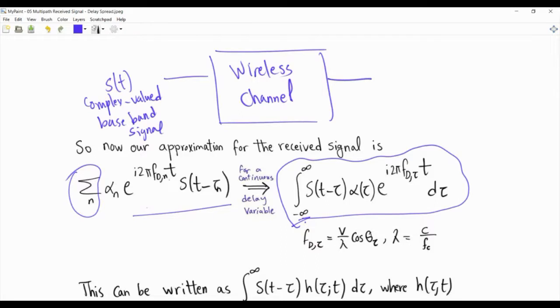If we write things in terms of the integral, we get s(t minus tau) alpha(tau), where the index is n if you use the discrete model. Sometimes it's easier and better to use this one, or you can assume that there is a variable tau that is continuous, and then you have e to the minus i 2 pi f_d tau. That's the Doppler frequency, or Doppler shift, f_d.